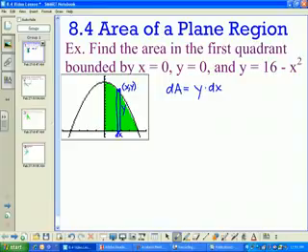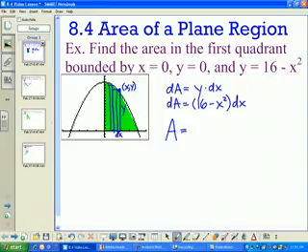Now having more than one variable for our area, with y and x, isn't going to work for us. So what is y? y is 16 - x squared. That's just for one of our rectangles. Imagine we added a bunch of the rectangles, and we made them infinitely small.